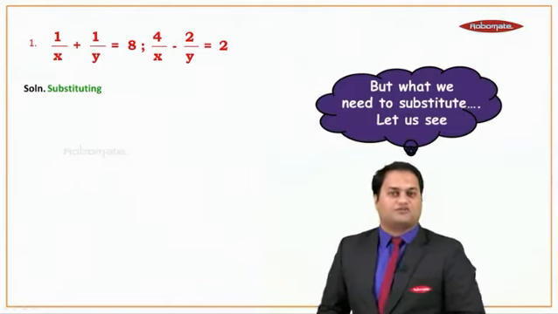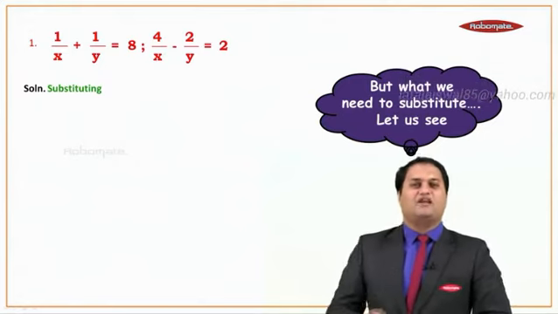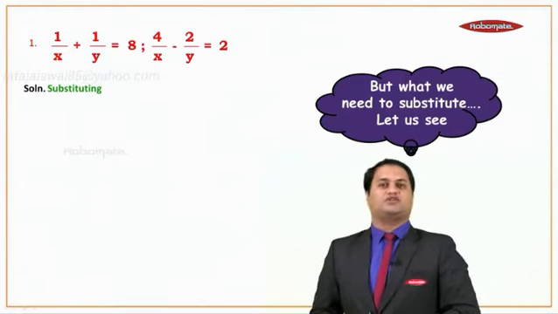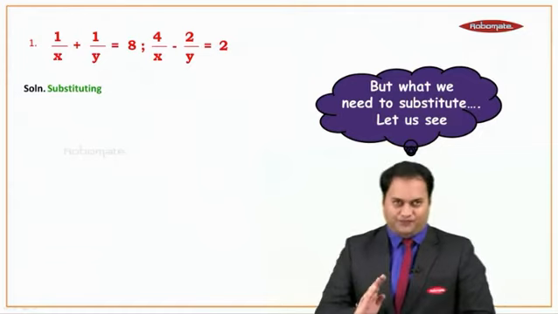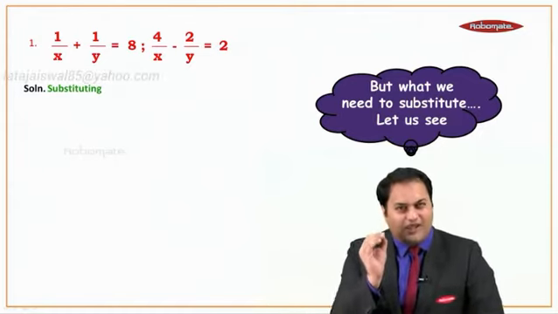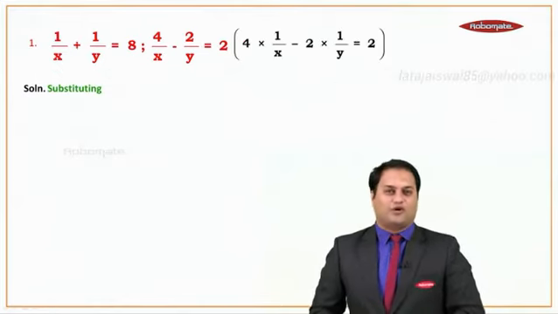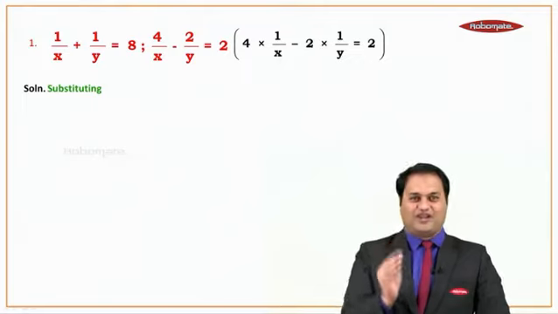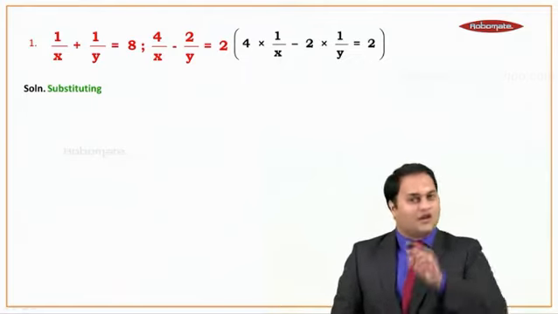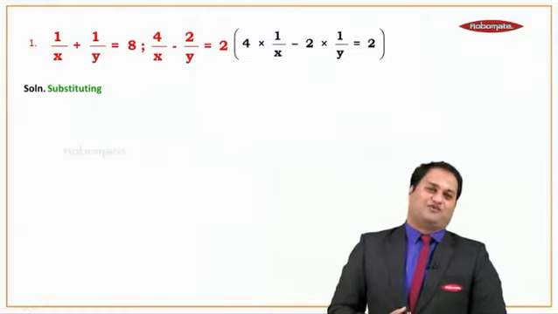The first equation is 1 upon x plus 1 upon y is equal to 8. The second equation is 4 upon x minus 2 upon y is equal to 2. Look at the second equation. 4 upon x can definitely be written as 4 into 1 upon x, and 2 upon y can definitely be written as 2 into 1 upon y.